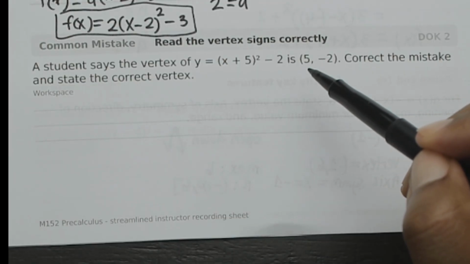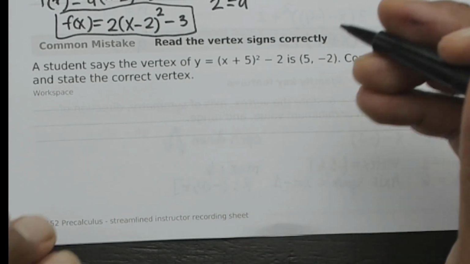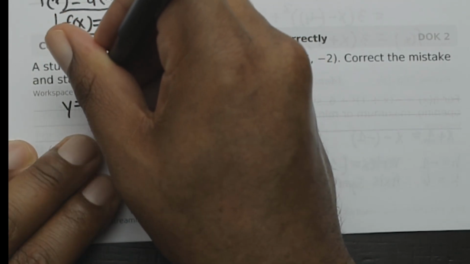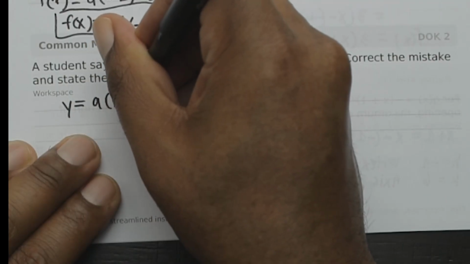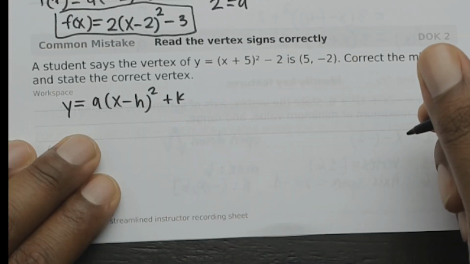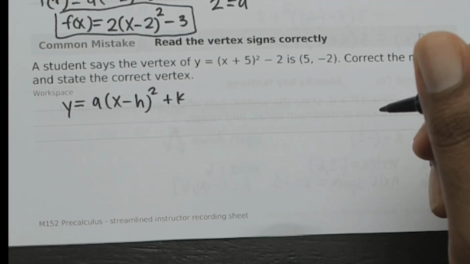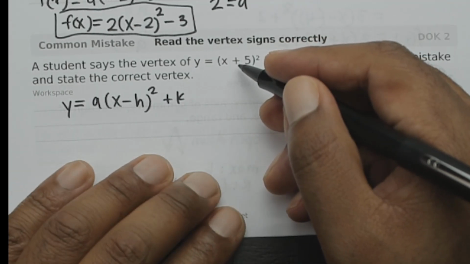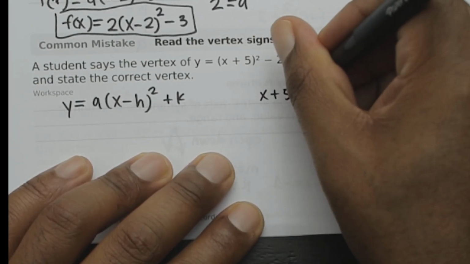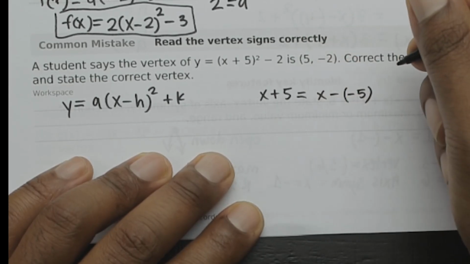Now, a common mistake is students say that the vertex equals y equals x plus 5 squared minus 2, and so they write the vertex as such. Correct the mistake. Okay, so first of all, vertex form we can say is y is equal to a parentheses x minus h squared plus k. The expression x plus 5 can be rewritten as x minus negative 5.